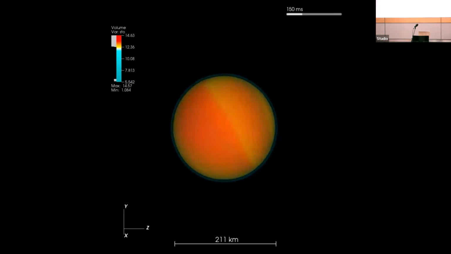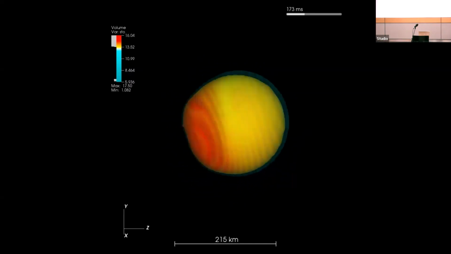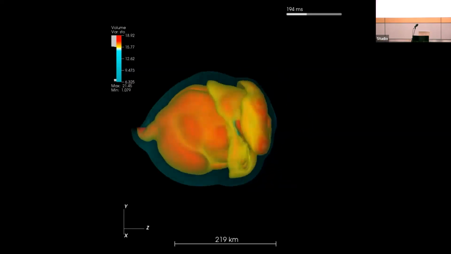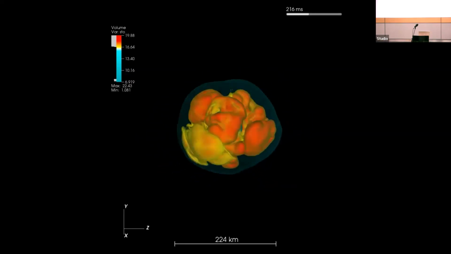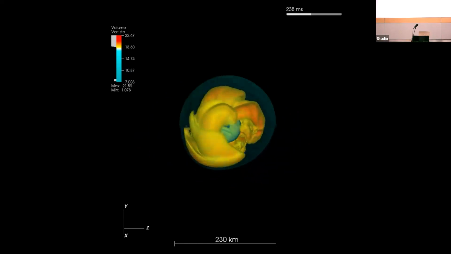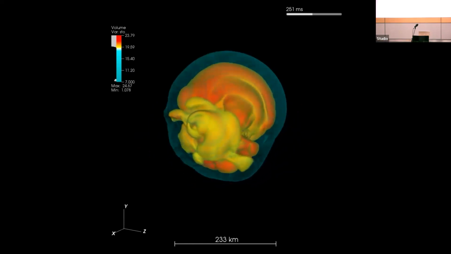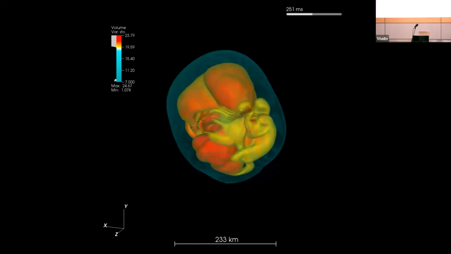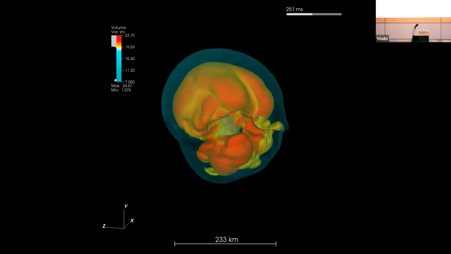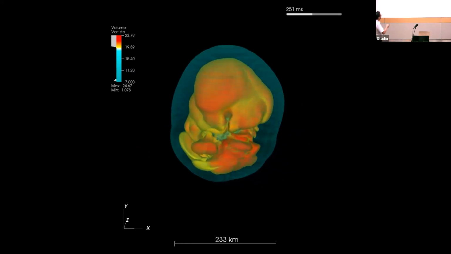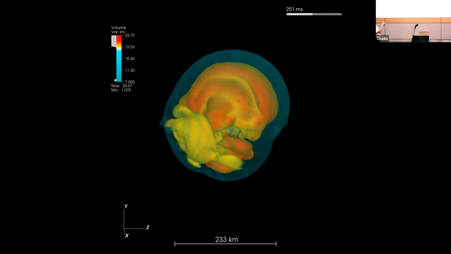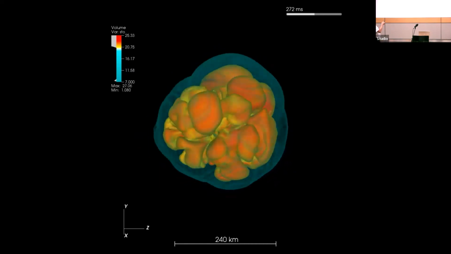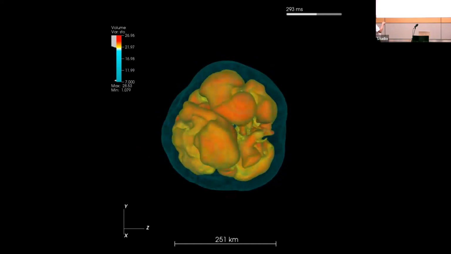So now this neutron star cools, and material is still accreted through the accretion shock. And it starts to wobble around a lot. It's very turbulent. The blue object at the center is the neutron star, and this is the material just behind the accretion shock. This whole phase lasts 250 milliseconds in time scale, which is a long time.